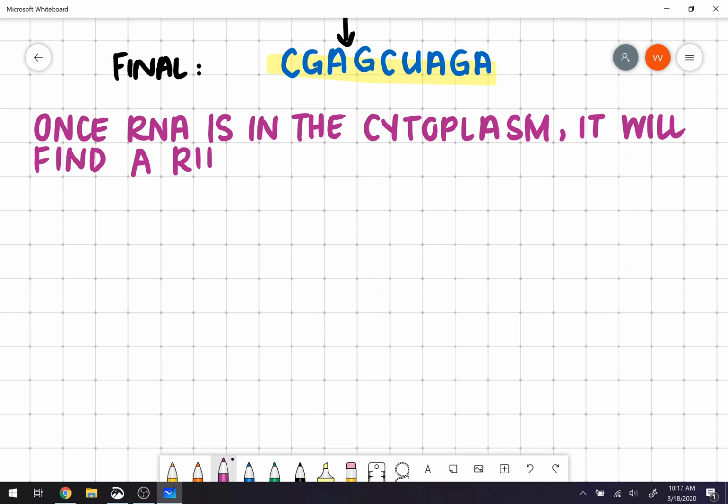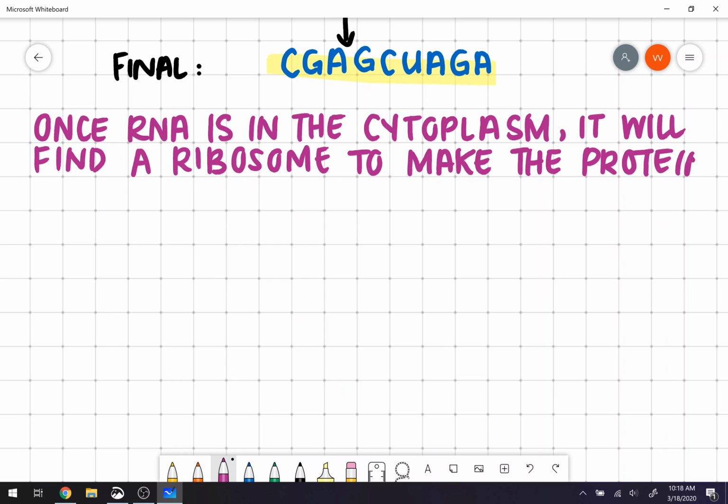The reason why RNA is going to try to find a ribosome is so that it can be turned into protein. That code that it has on there is basically instructions on how to put together this specific protein. And this process of going from RNA to protein is called translation.